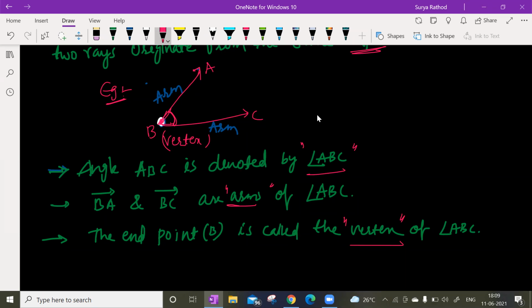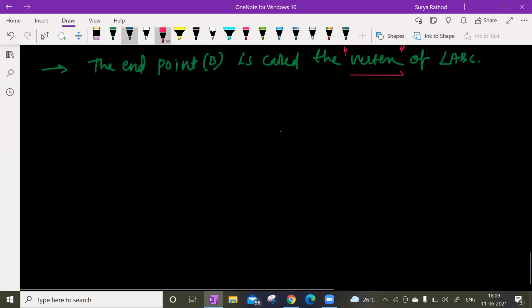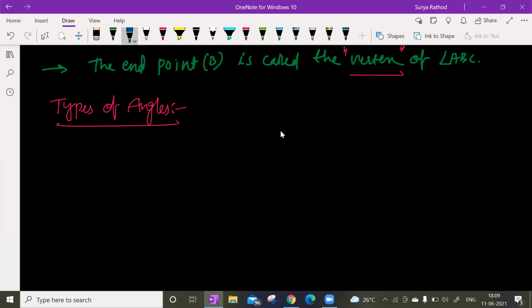Next, now let us talk about types of angles. There are different types of angles.